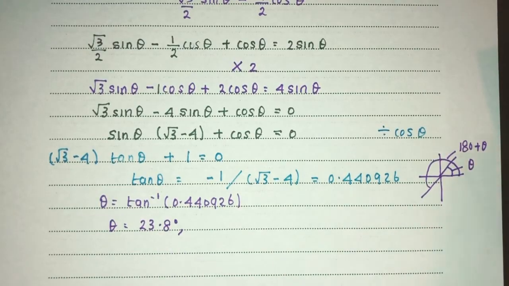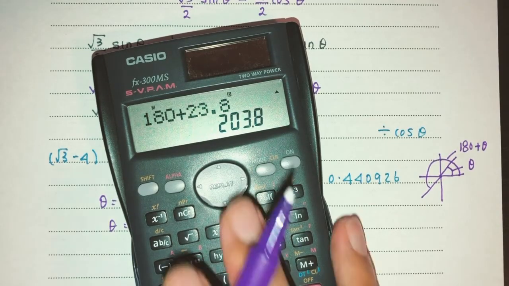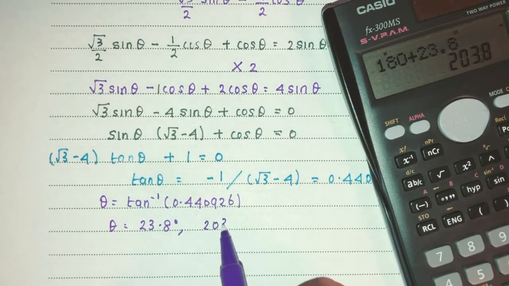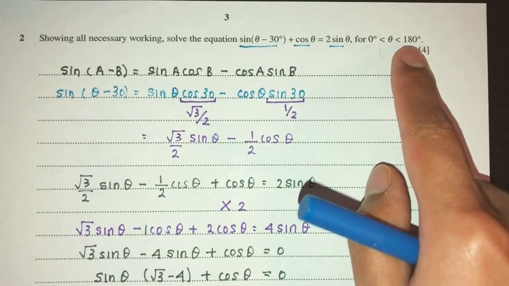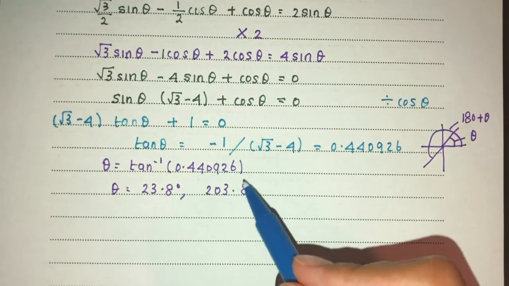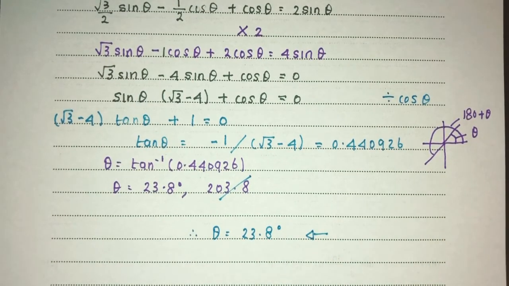And also we have the answer for 180 plus 23.8, which will be 203.8. But since the domain has been given to you, only between 0 and 180, this one will be outside. So the only value that we will take is 23.8 degrees for the value of theta for question number 2.